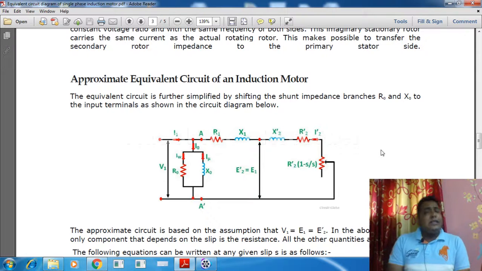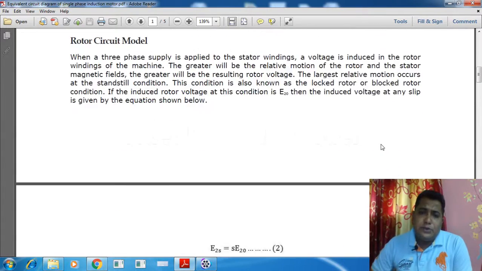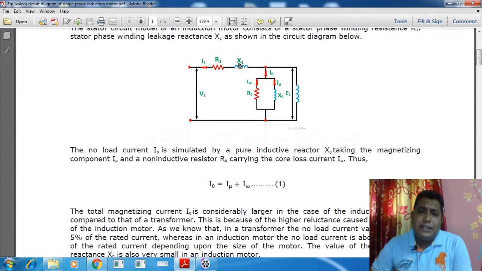So the equivalent circuit is further simplified by shifting the shunt impedance branches, that is R0 and X0, to the input terminal as shown in the circuit below. If we go to the previous stator diagram, there we have seen R1 and X1, and after that R0 and X0.